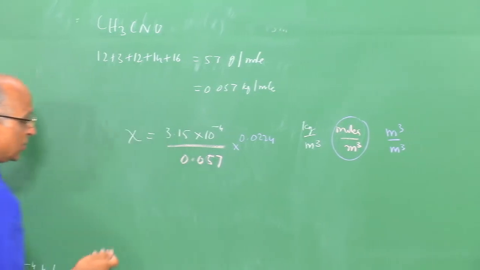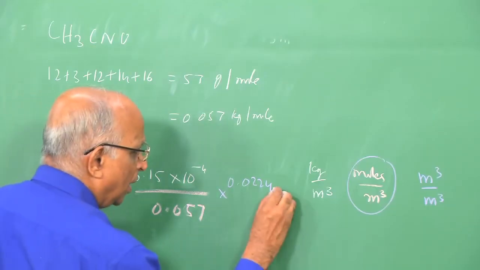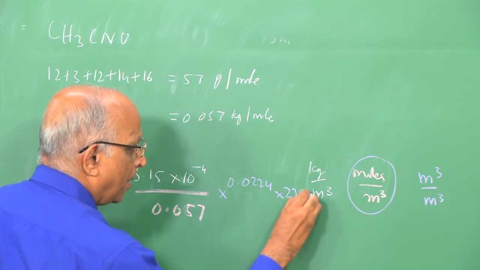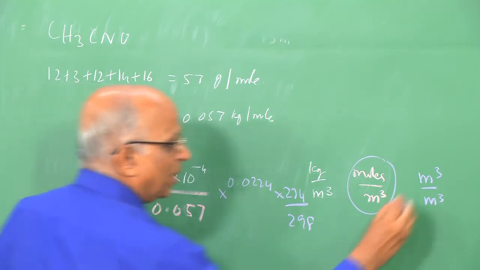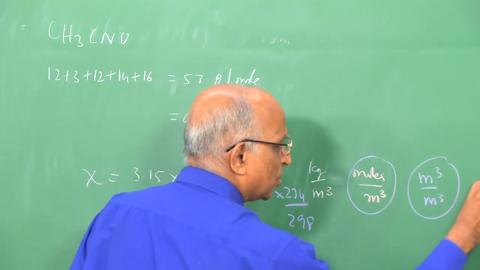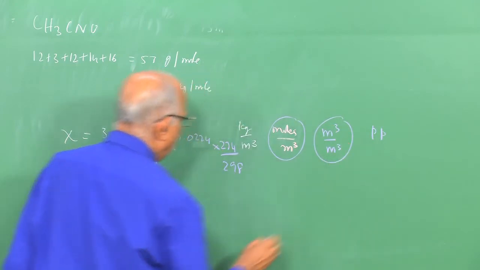That day the temperature was around 2 degrees, that is around 274 degree Kelvin, divided by the standard condition of 298. This gives me meter cube by meter cube, or parts of volume per the total volume.